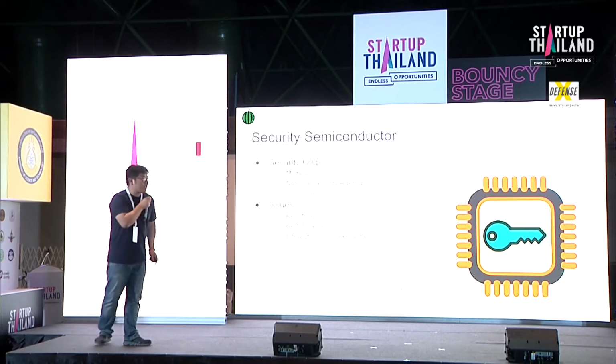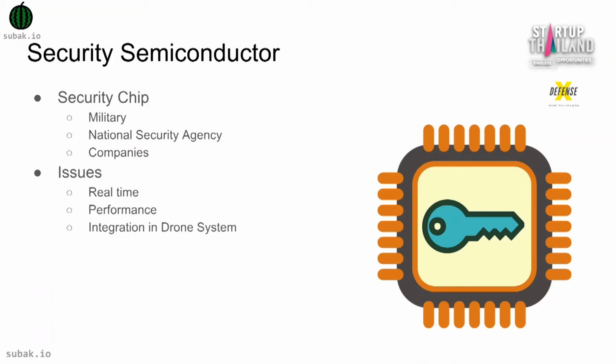And next thing is security semiconductor. You can embed some security chips in your drone, because the military and national security agencies and companies want their own security chips, because usually the country and military have their own encryption algorithm, and it's not open.